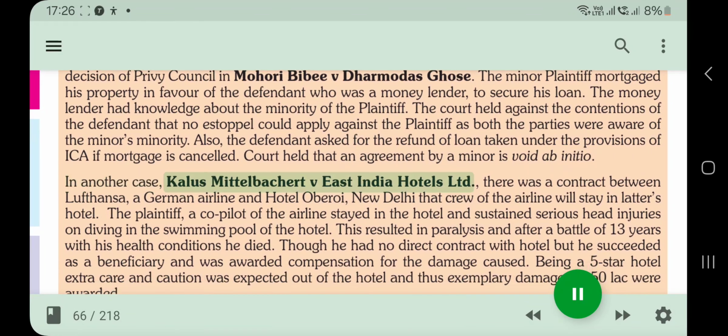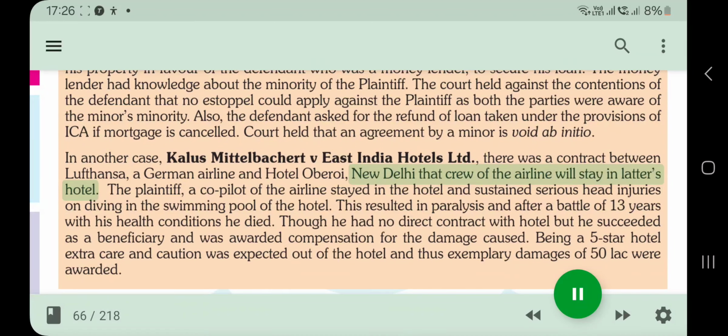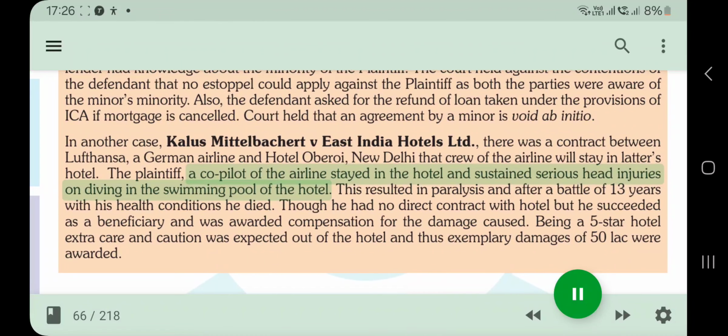In another case, Klaus Mittelbachert vs East India Hotels Limited, there was a contract between Lufthansa, a German airline, and Hotel Oberoi, New Delhi, that the crew of the airline will stay in the hotel. The plaintiff, a co-pilot of the airline, stayed in the hotel and sustained serious head injuries on diving in the swimming pool of the hotel.